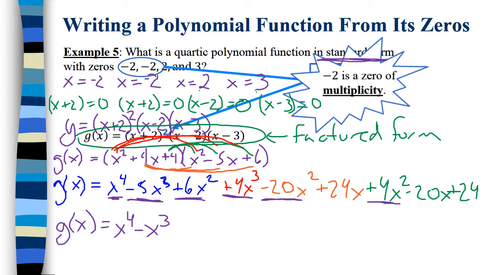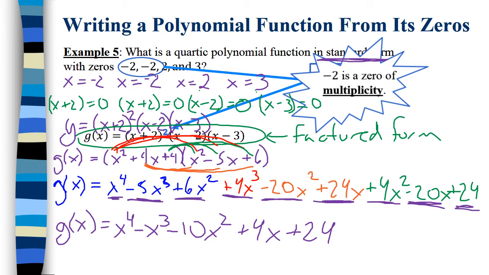Negative 14x squared plus 4x squared is negative 10x squared. And then we have 24x minus 20x is plus 4x plus 24. And there is our polynomial in standard form.